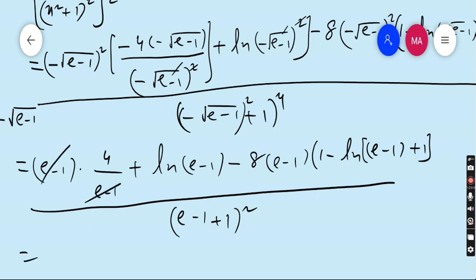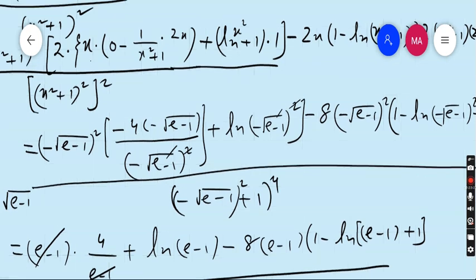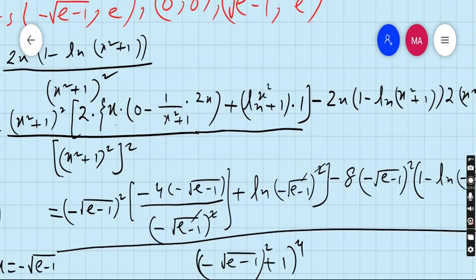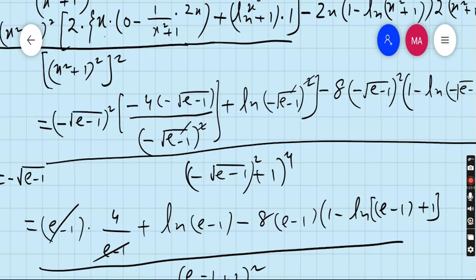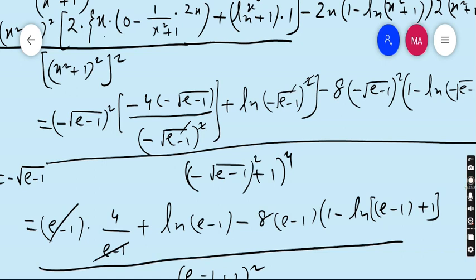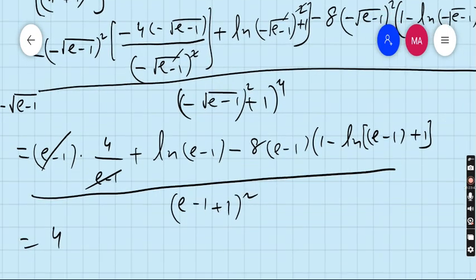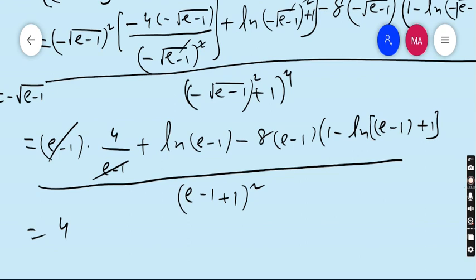e minus 1 cancels by e minus 1, 4. Sorry, I forgot to put plus 1 over here. So there should be plus 1 over here.